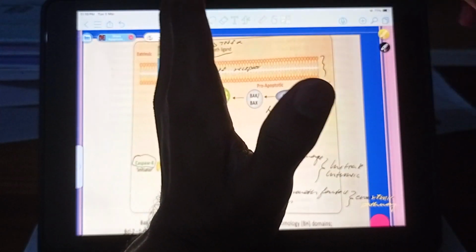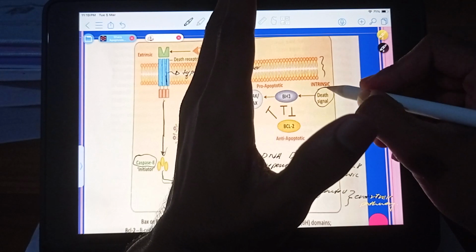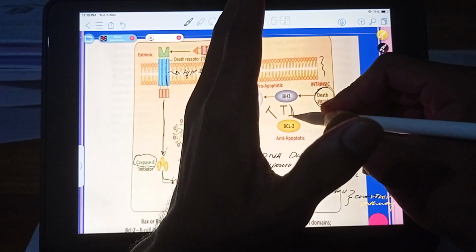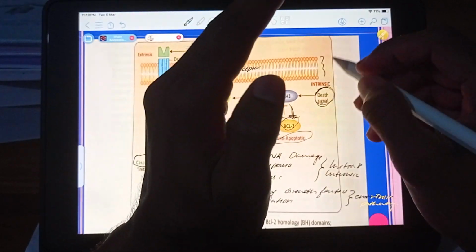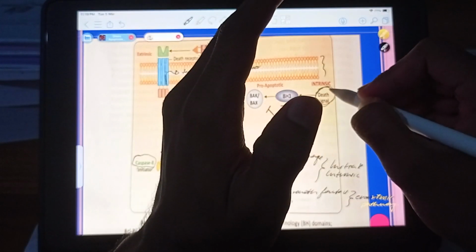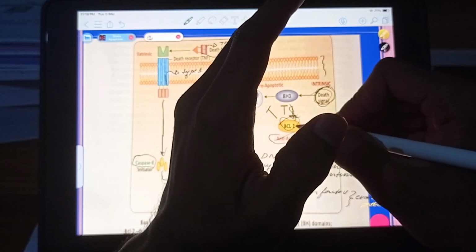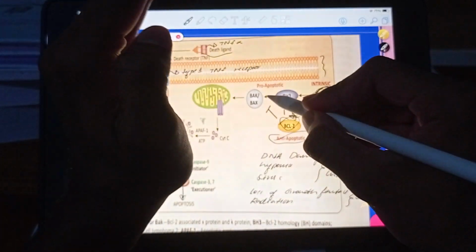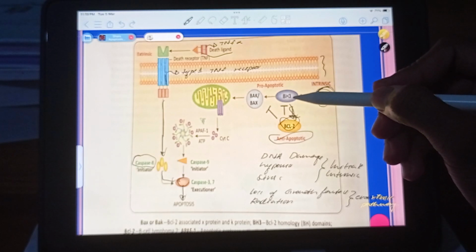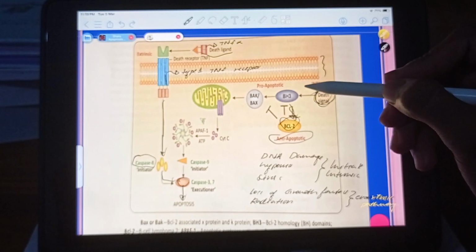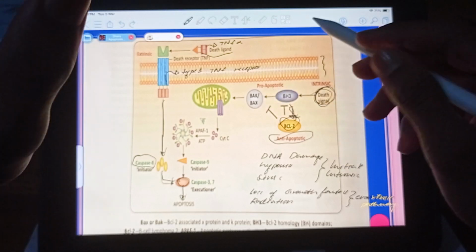For removal of this masking site, first of all, if there is a death signal, this BH3 will inhibit BCL2. BCL2 is the anti-apoptotic enzyme. So if there is a death signal, this will get inhibited, and this process will continue. First of all, BH3 will get activated. Then after activating BH3, BAK or BAX get activated.